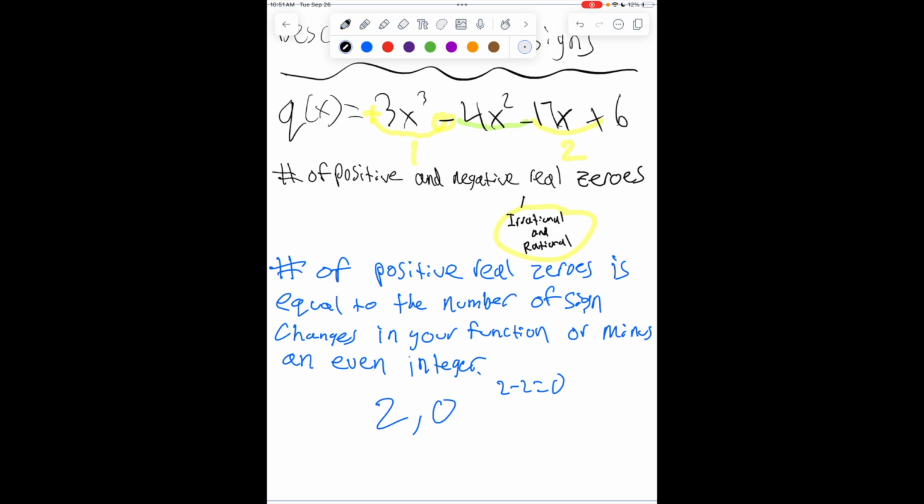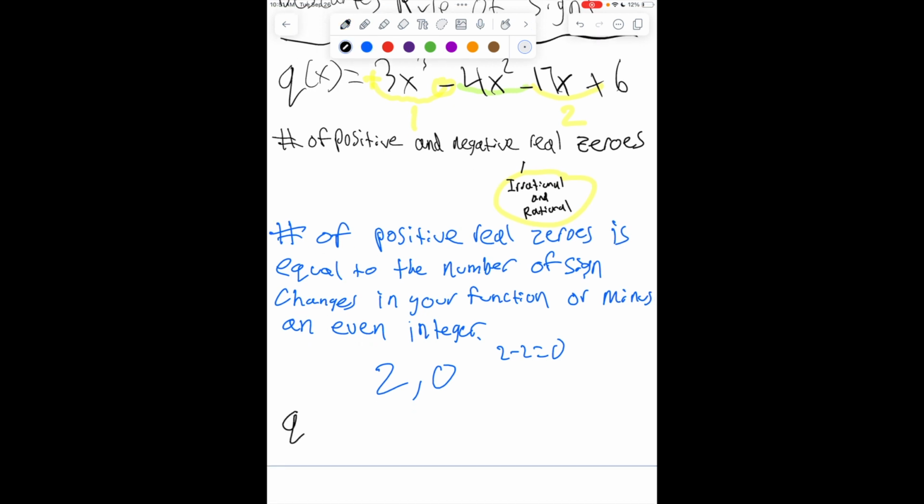So again, if I were to think about rewriting this, now I need to take the negative of the function. So I'm going to rewrite it so that every time I see an x, I put a negative in here. Okay.